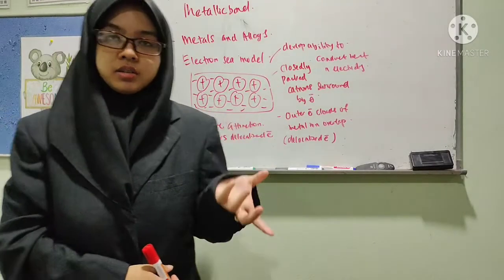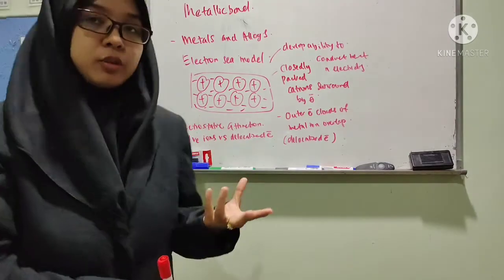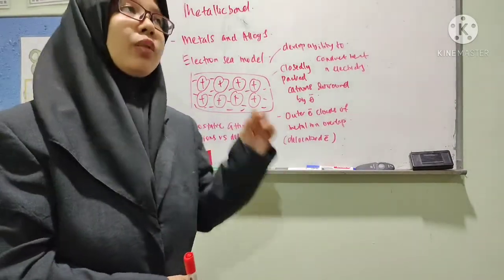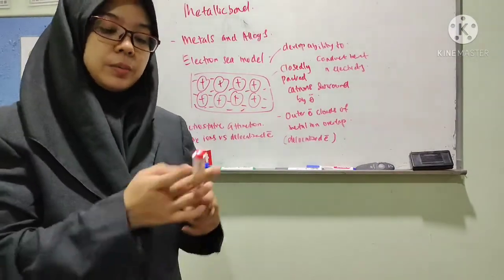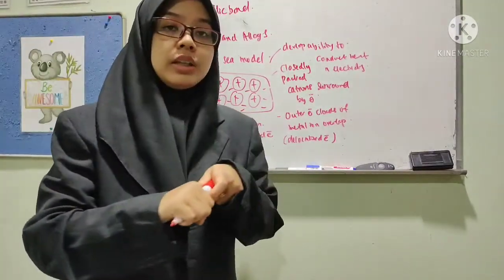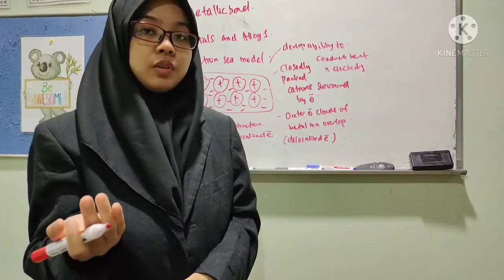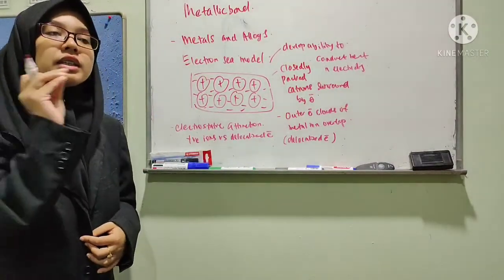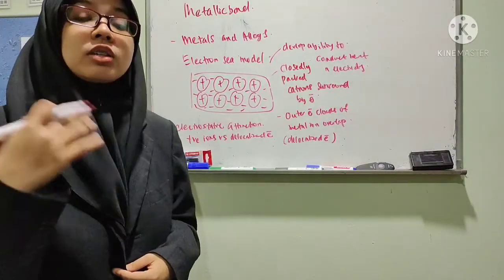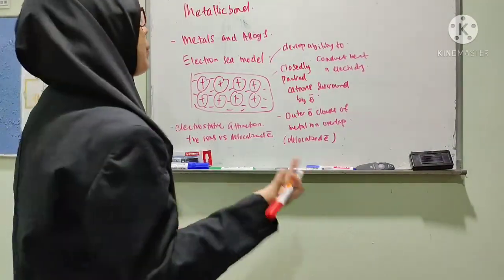For the last misconception, it's about metallic bonding versus ionic compounds. I will focus first on metallic bonding, where the students said metallic bonding consists of the transfer of electrons. Actually, it's not the transfer of electrons. The transfer of electrons is called an ionic bond.